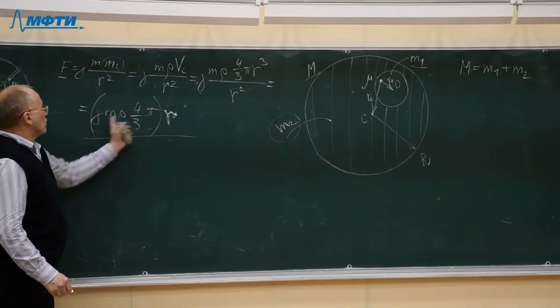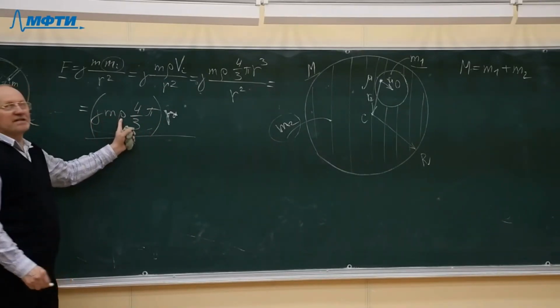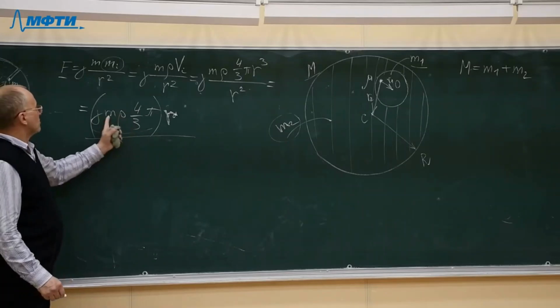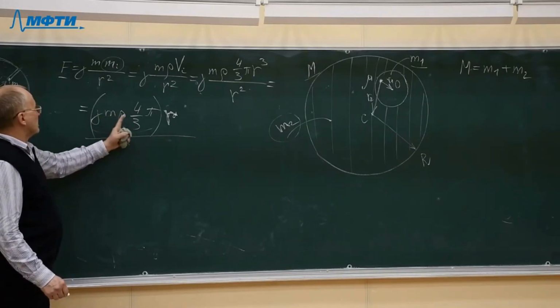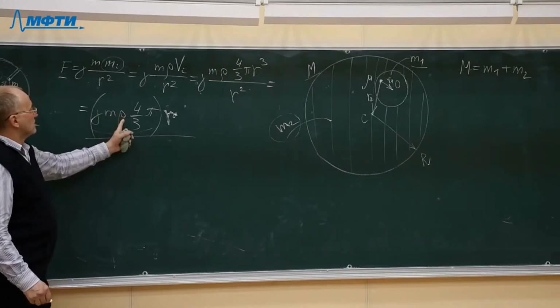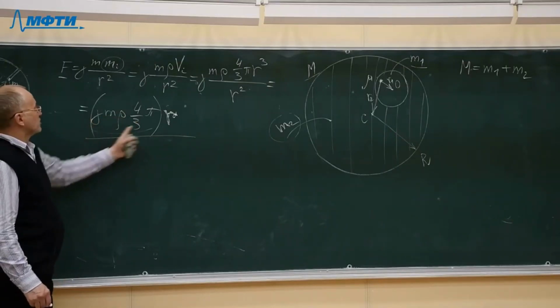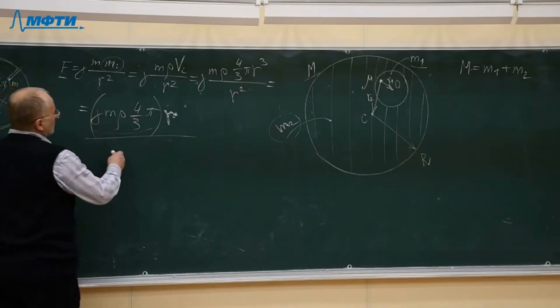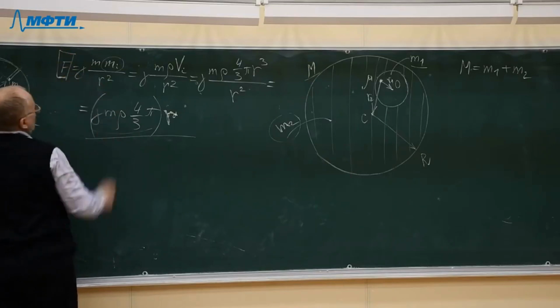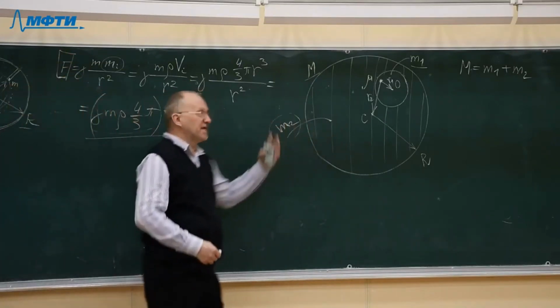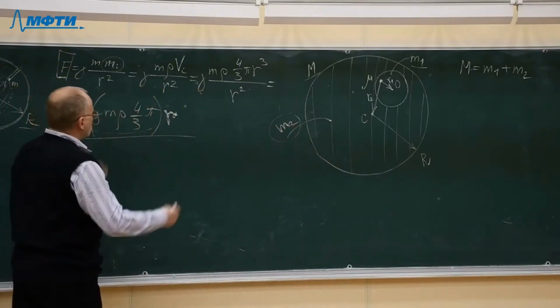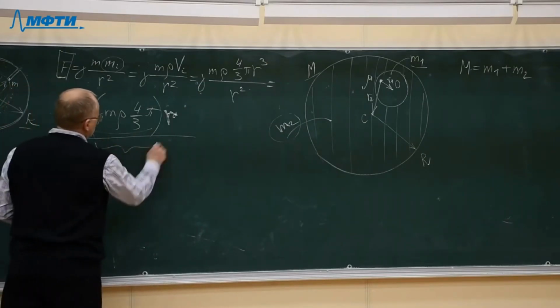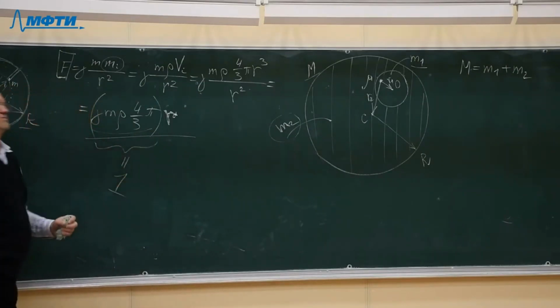And we can always choose such a scale of measurement of quantities like mass and density. We can always choose such a scale of representing the force on this graph. I want to choose such a scale that this coefficient equals unity.